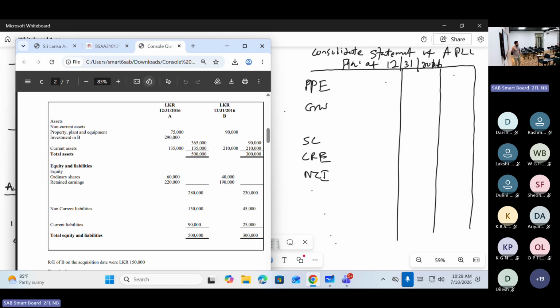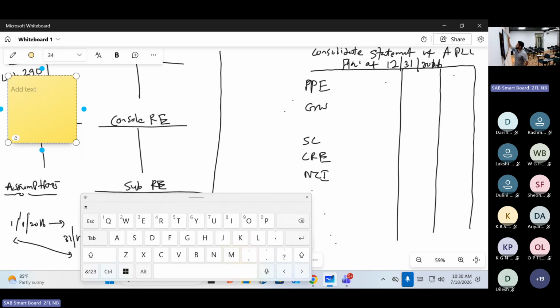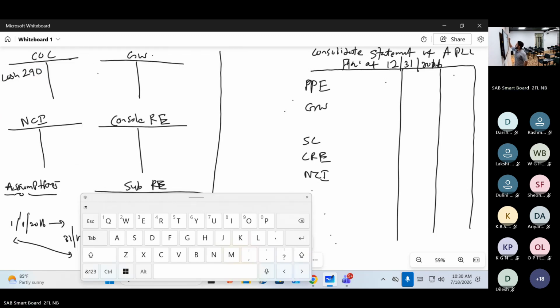Now we take that to the cost of control account: credit here, debit to the cost of control account, 290.